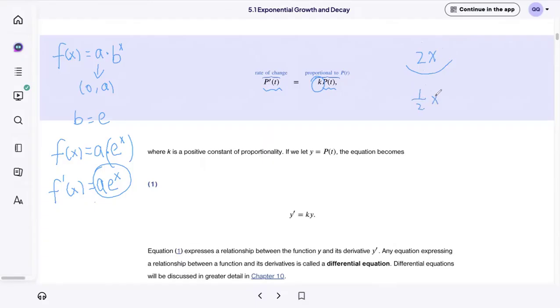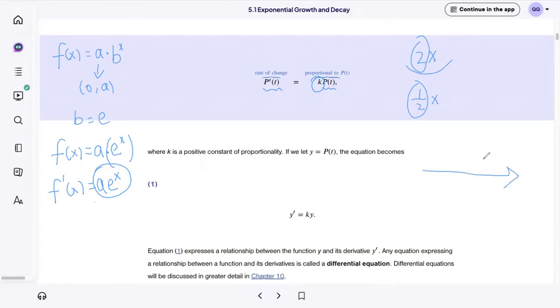Half of x shrinks x in half. So that's what we mean by scalar. So derivative, the rate of change of exponential function, it just scales its original function, right? Either it makes it bigger or sharper, or makes it smaller or lower.